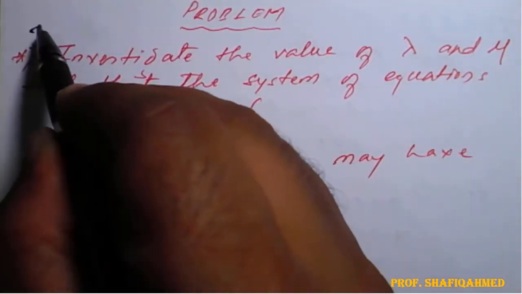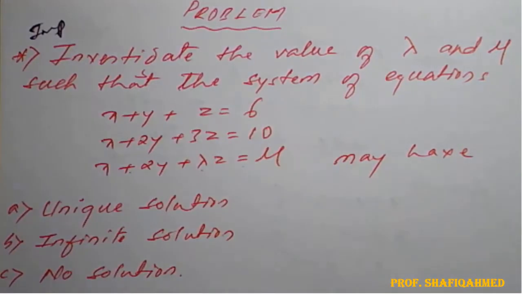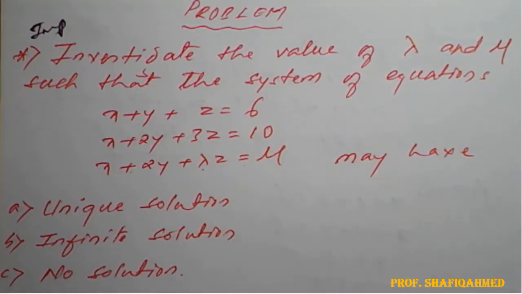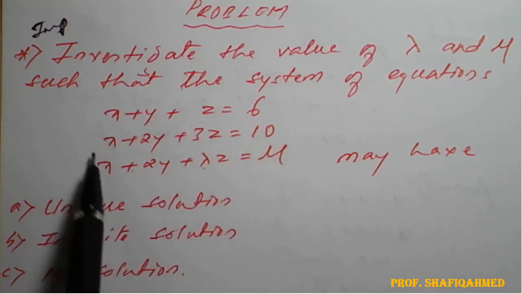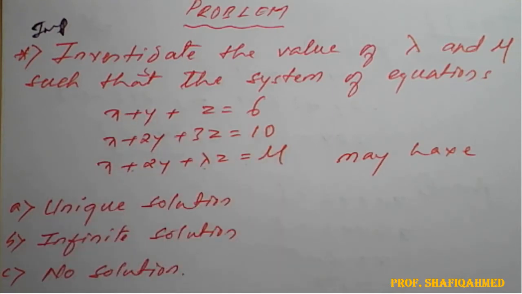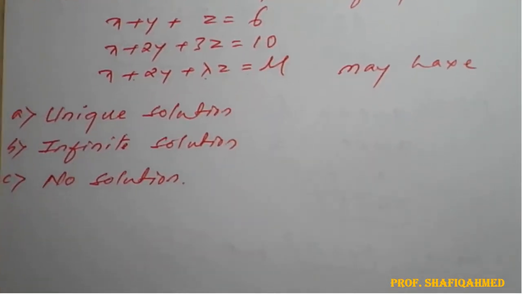This is a very important question from the examination point of view. The procedure is the same: we write the augmented matrix, then reduce it to echelon form, and then check all three options.